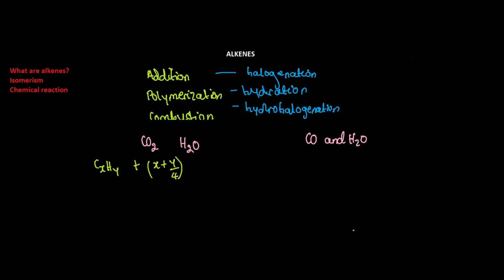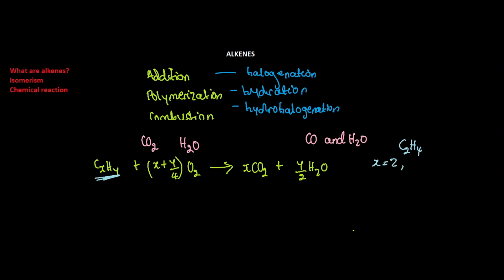CxHy plus (x plus y over 4) O2 would give us xCO2 plus y over 2 H2O. Now let's take a look at the combustion of ethene, which is C2H4.